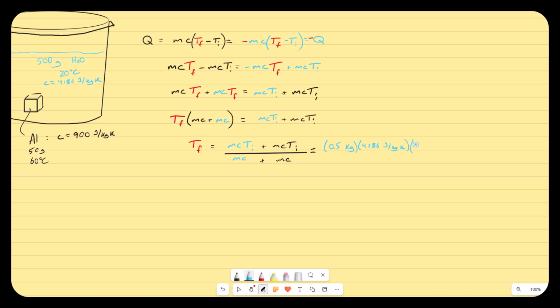So I'm going to leave this one as Celsius, just to show you it doesn't matter. Over here I've got 50 grams, so 0.05 kilograms, 900 joules per kilogram Kelvin, and T initial was 60 degrees Celsius.